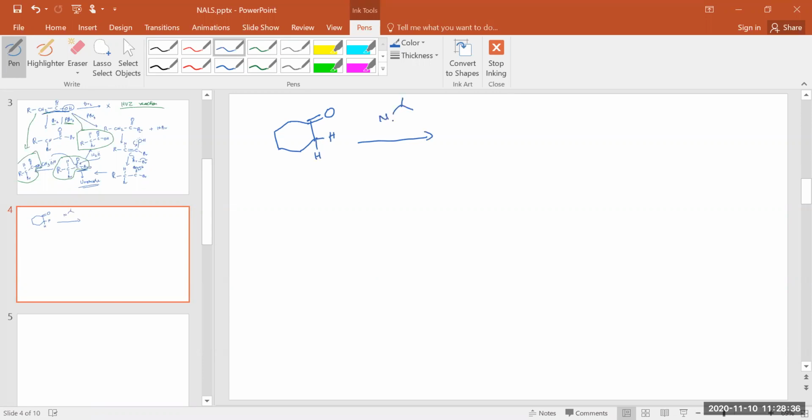I'm giving you the structure. This, in short, is called LDA, lithium diisopropylamide. It's a strong base. So what happens? It will take this one, this will form, okay? This basically will form the enolate.